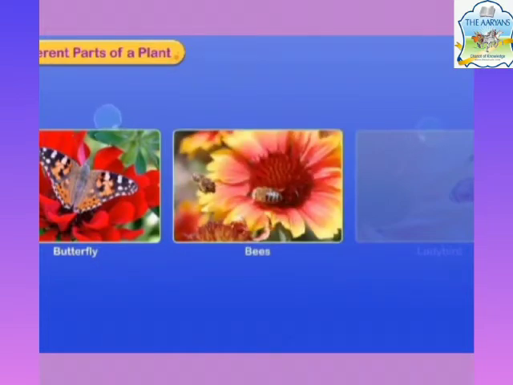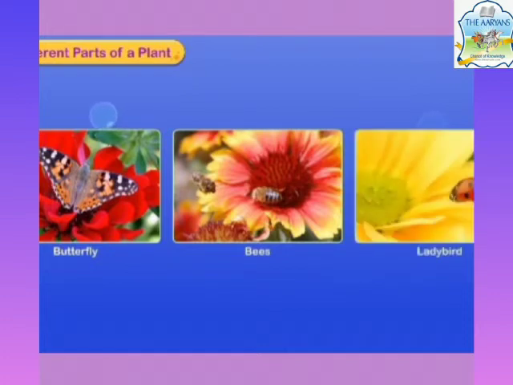The center of a flower produces the seeds for the plant, and these are protected by an outer layer of colorful petals. The color and smell of the petals attract insects like butterfly, bees and ladybird towards the flower.